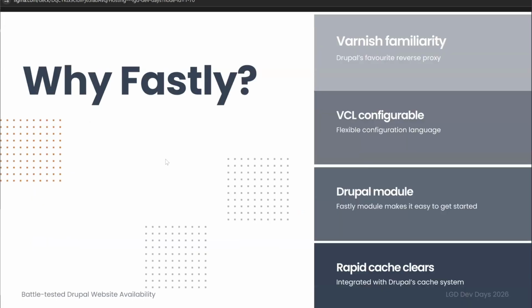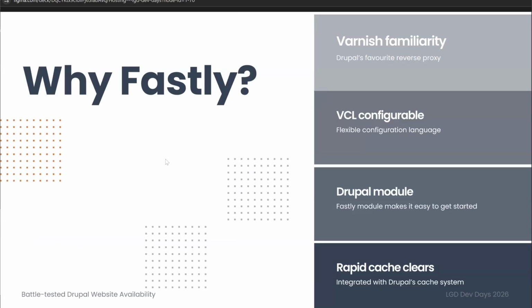So why are we using Fastly over other CDNs? So it's obviously like Cloudflare, there's Azure Front Door, I believe, is it? There's Amazon CloudFront. So we've got a long history of using Varnish Cache Server in front of websites as an external cache, and this is what Fastly is based on.